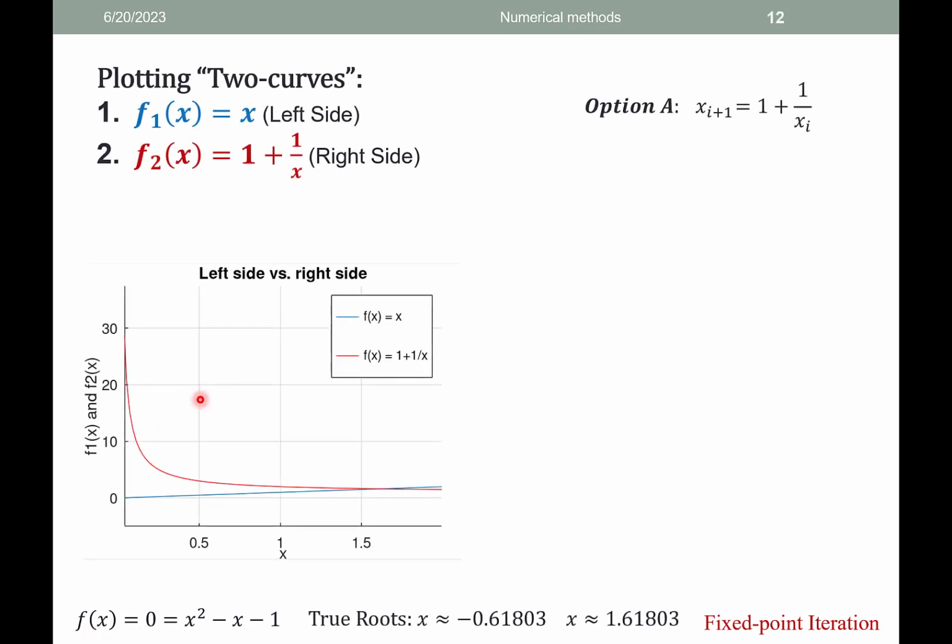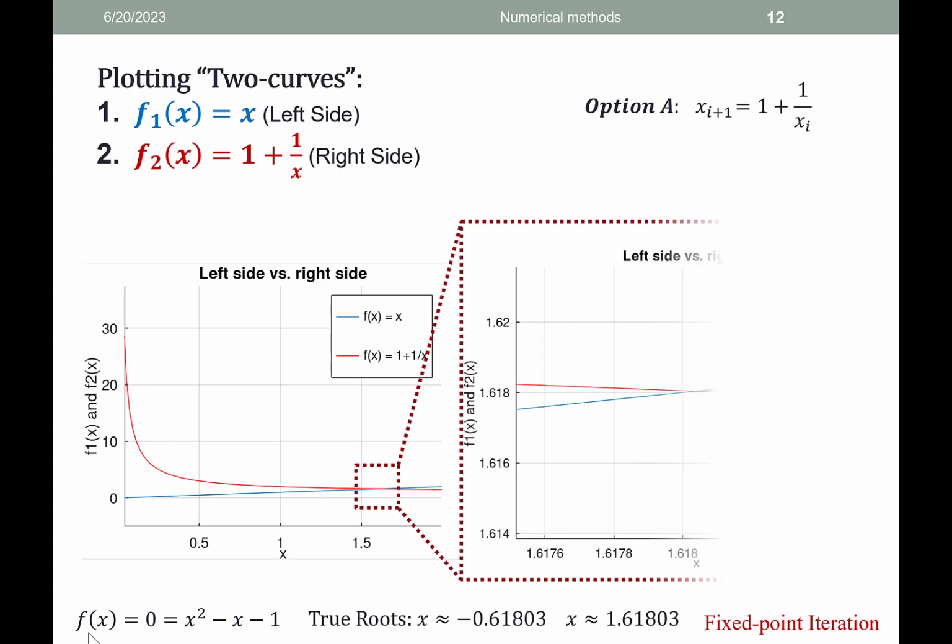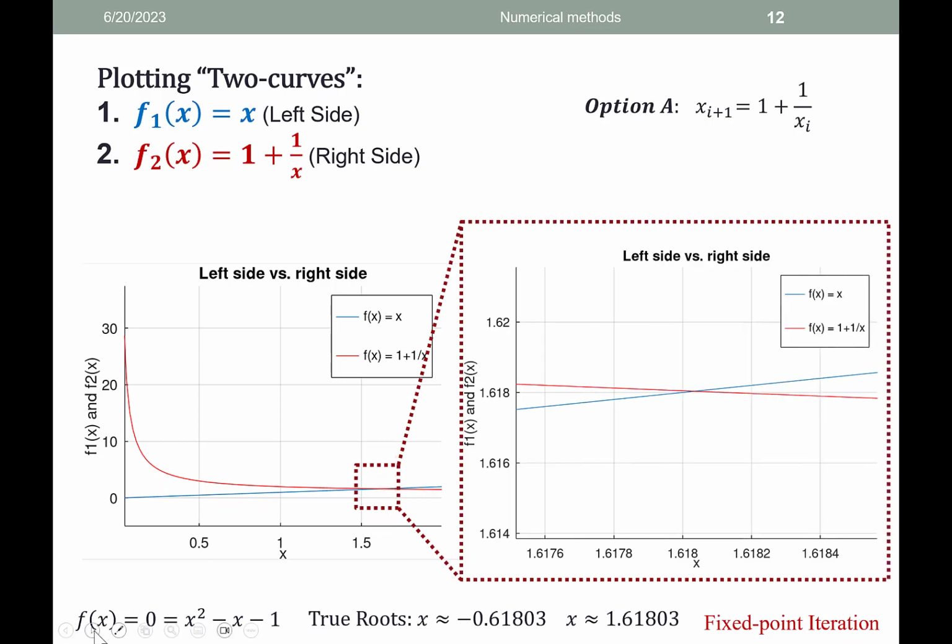All right, another thing to mention here: if we plot the left side of the equation versus the right side of the equation, right? When we're doing the fixed point iteration method, we're isolating x on one side, and whatever's left is on the other side. If we made these two different functions and plotted them, we can see where the root is, located right at the intersection between these two functions.